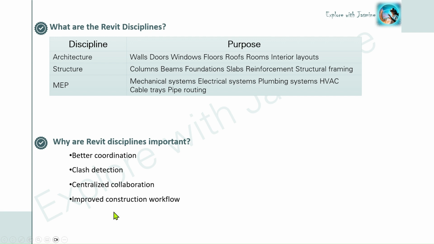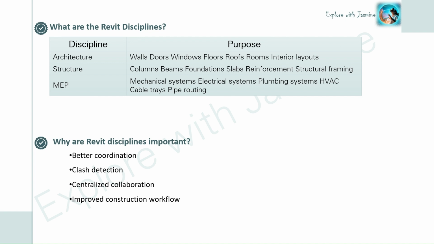So, what are the Revit disciplines? Architectural Revit mainly focuses on building layout and architectural components like walls, doors, windows, floors, roof, rooms, and interior layout.